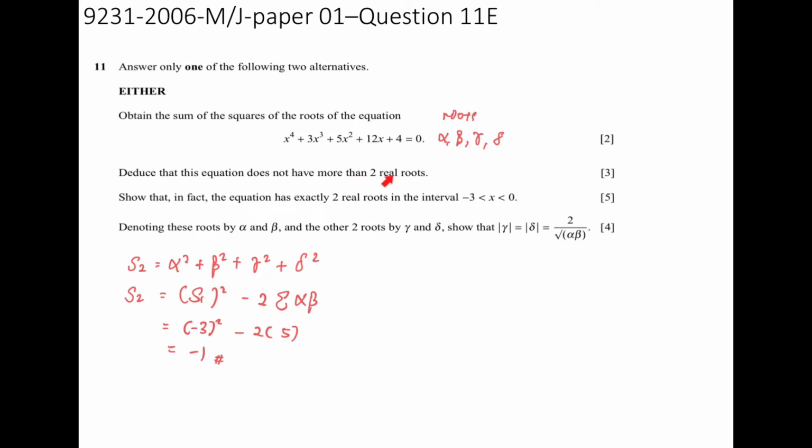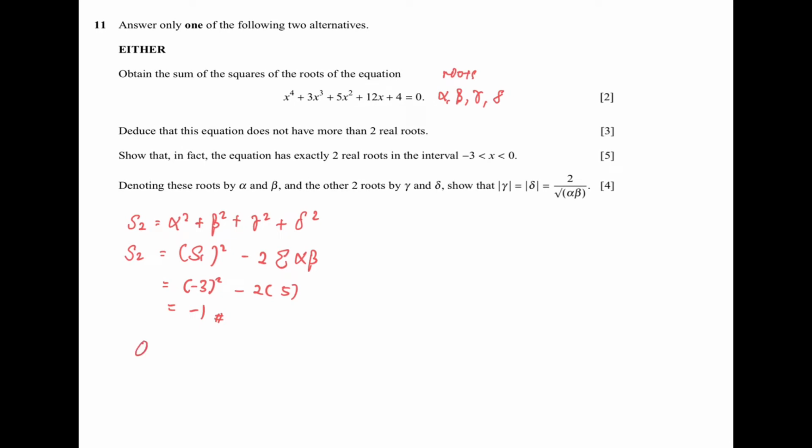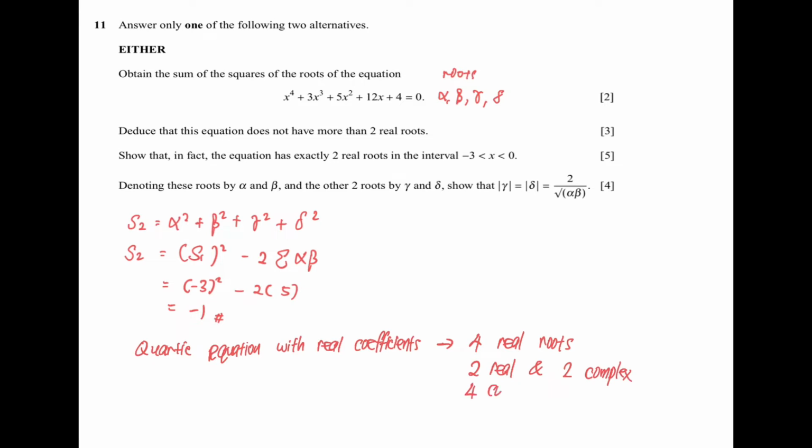So to deduce this, first of all, we need to know that a quartic equation with real coefficients will have either 4 real roots, 2 real and 2 complex, or 4 complex roots. These are the 3 possible situations.